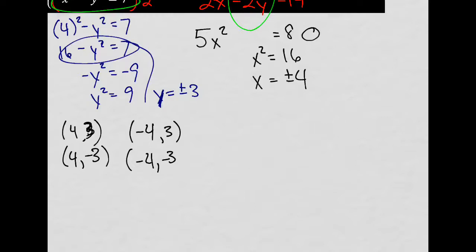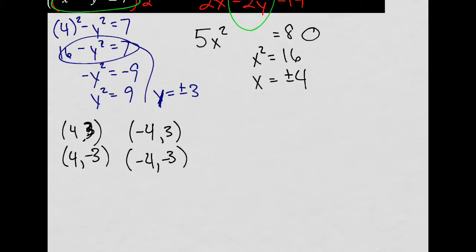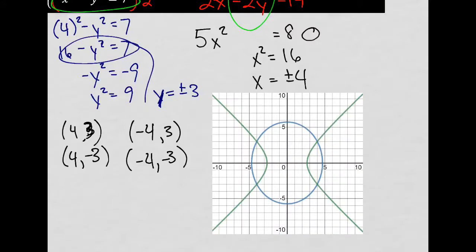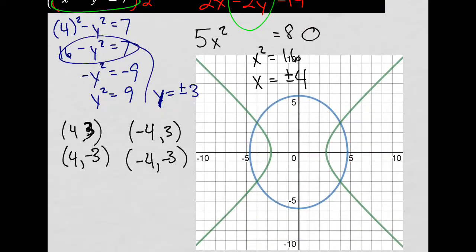Just in case they don't to you, let me drop a picture in here on you. And this is the one I'm going to drop on you. And there we go. That's the graph. That is the ellipse. And that is the hyperbola.